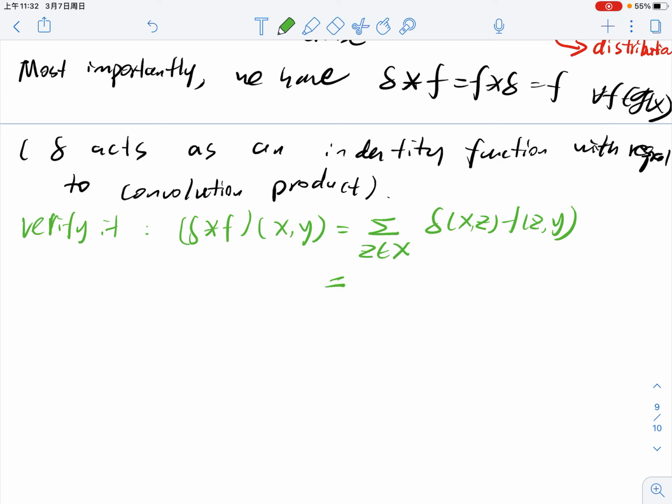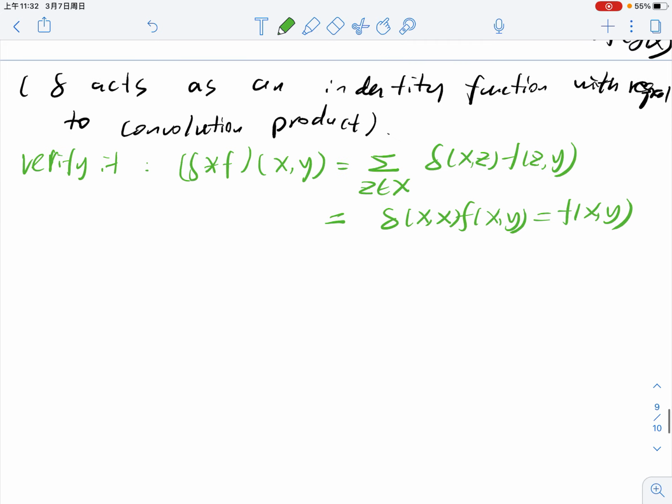So you can simplify this as delta(x,x) f(x,y), which is f(x,y). And similarly, you can do the other, f convolved with delta.